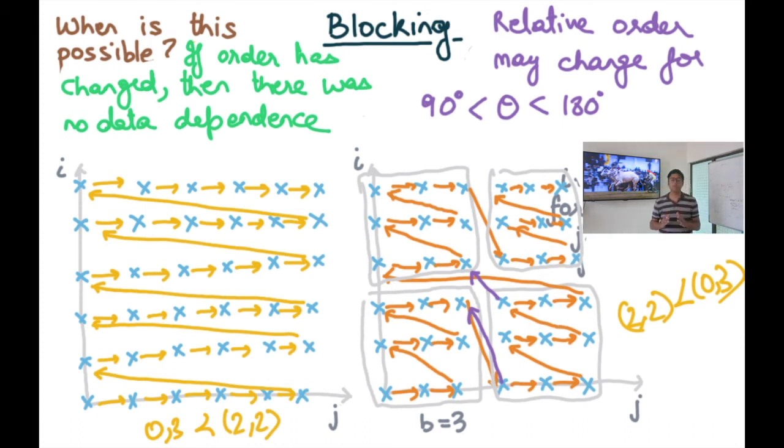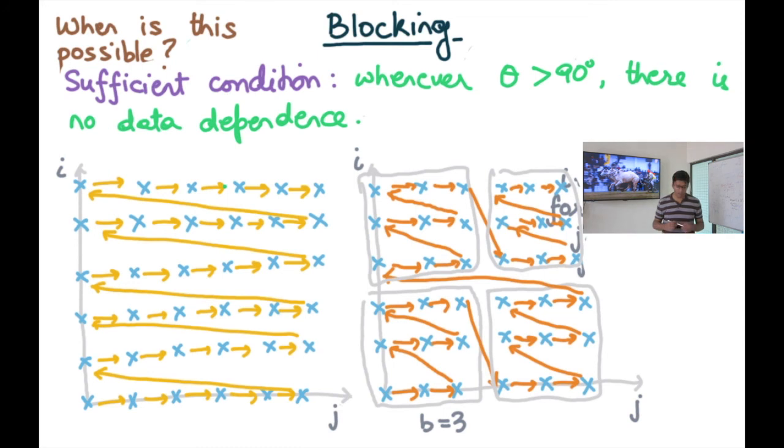But we know that for all angles between 0 and 90, we are pretty sure that the relative order doesn't change. And so what we can infer from that is that it's okay to block as long as all my dependency edges are such that they belong to the 0 to 90 degrees range.